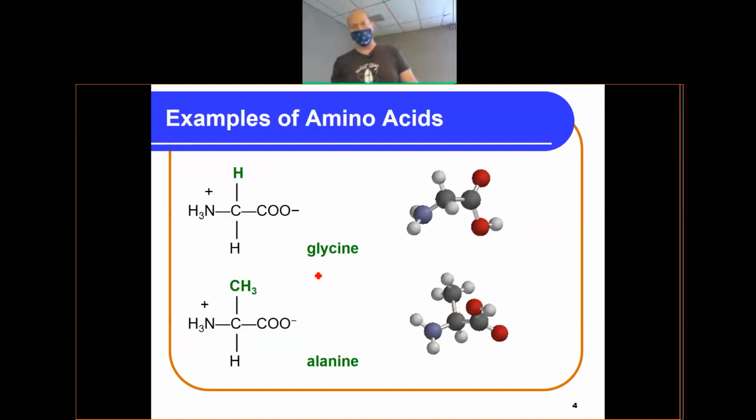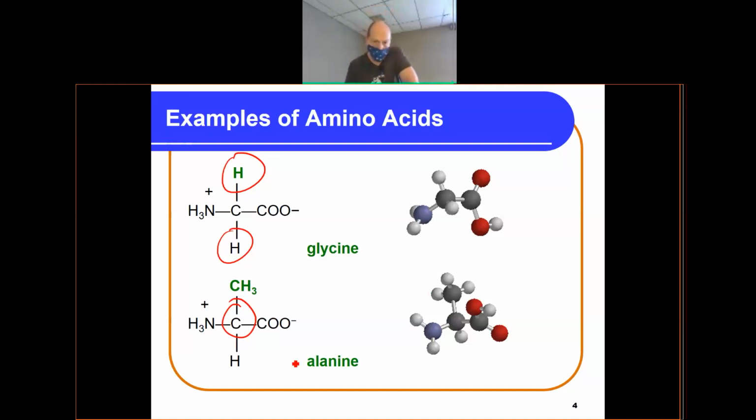Glycine is the only non-chiral amino acid, and so it's the only one that doesn't have an L in front of its name because it is not chiral. It has two hydrogens, and that carbon is not chiral. For the other 19, the carbons are all chiral. The naturally occurring amino acids are all L, which means the NH2 is on the left.